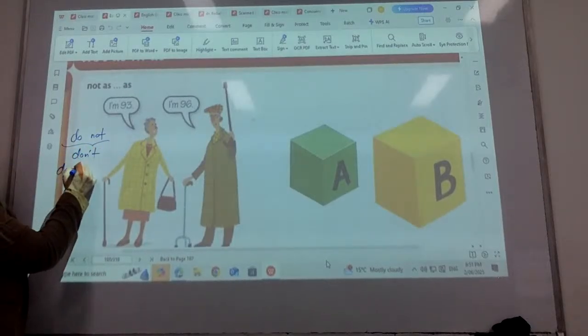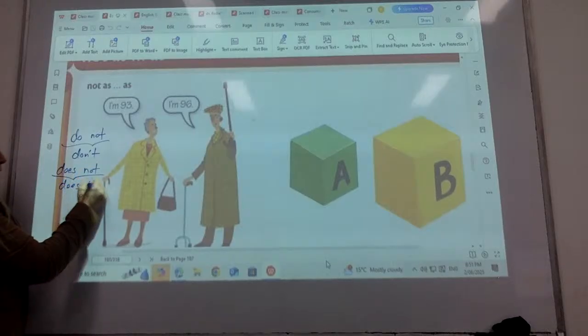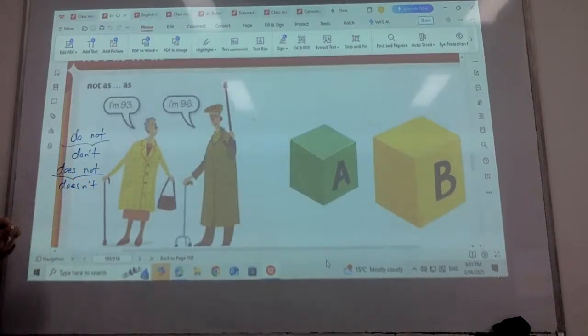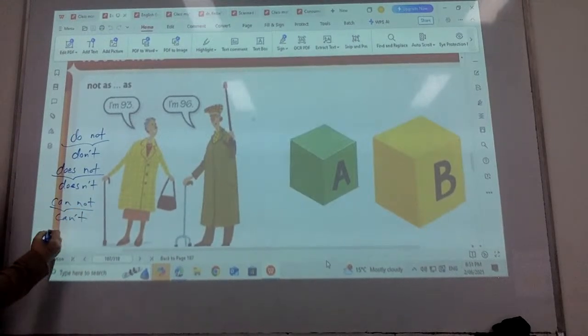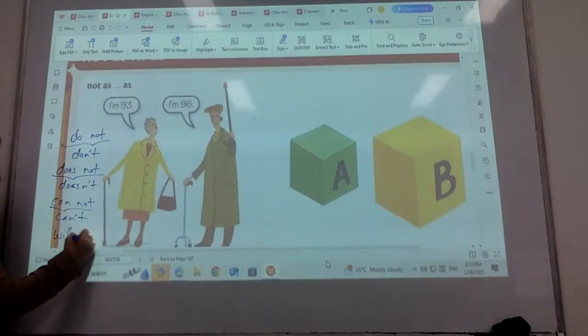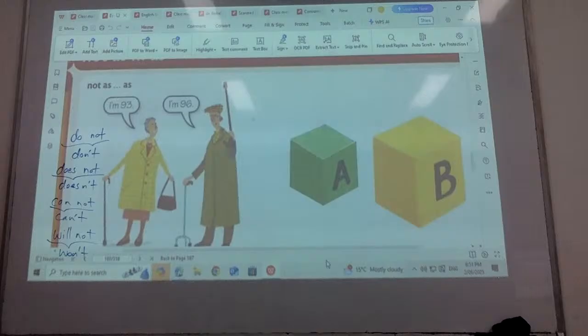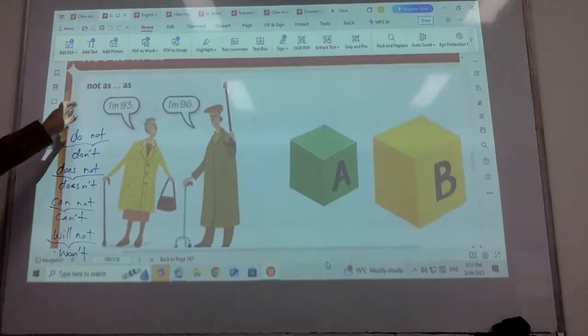Does not is going to be doesn't. Cannot is going to be can't. Will not will be won't, etc. So this is what this "not" means.